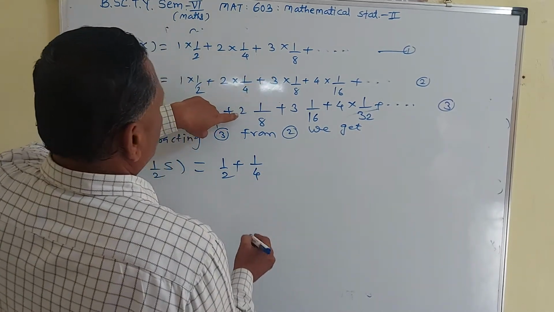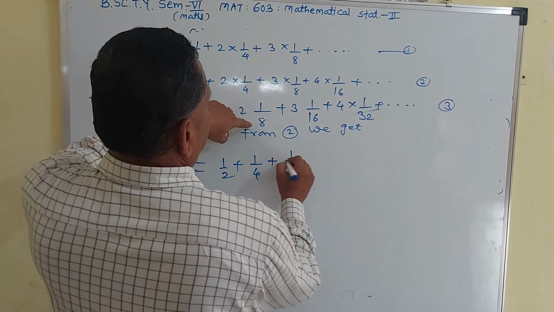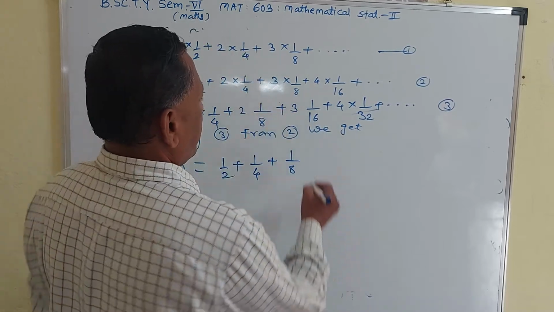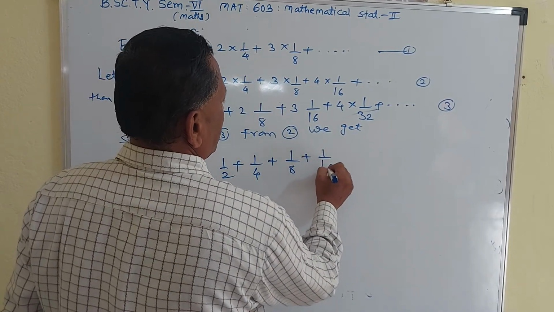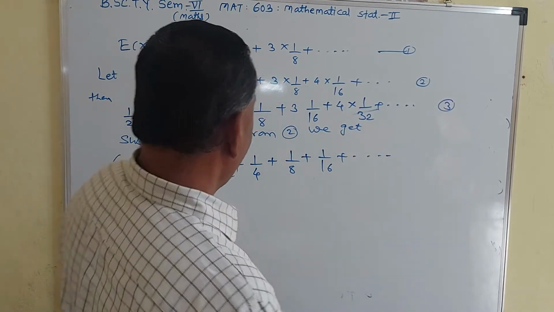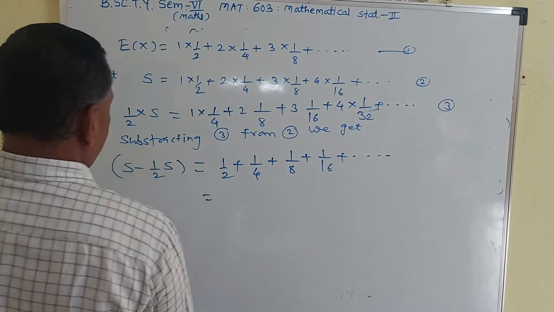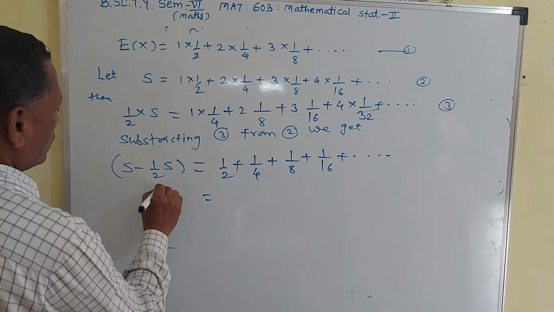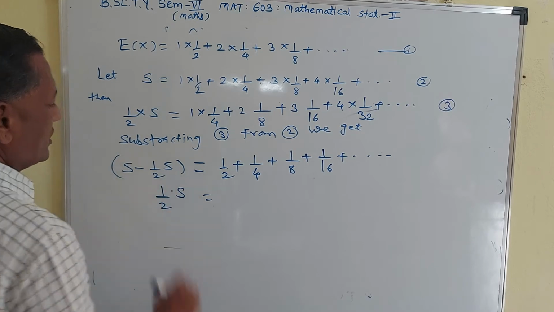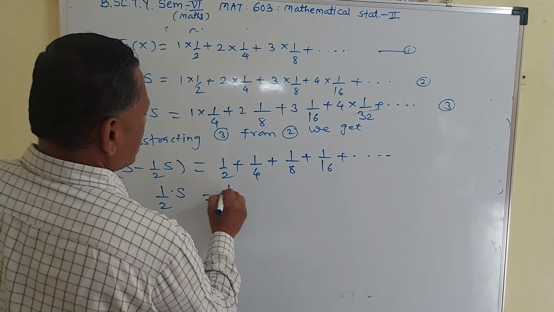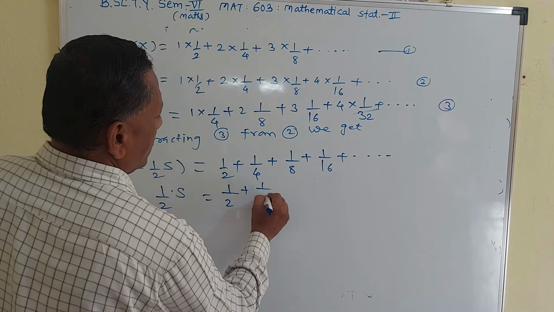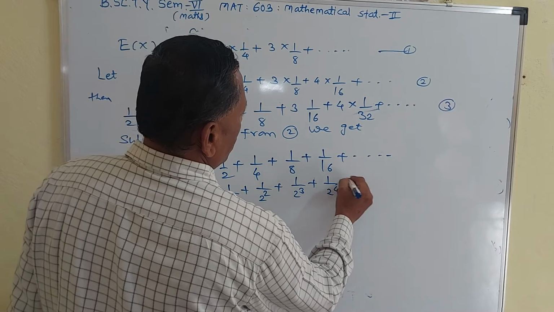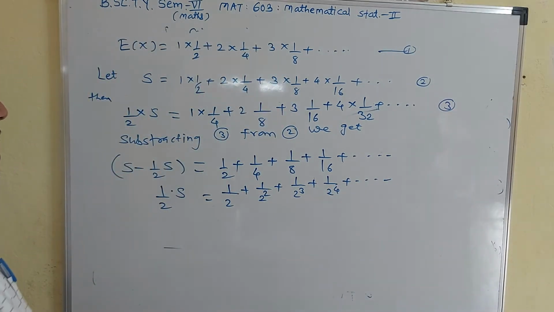Plus here 3 minus 2, again 1, 1 upon 8. Then 1 upon 4 common, 4 minus 3, again 1, plus 1 upon 16 and so on. The left side is 1 minus 1 by 2, which is 1 by 2. So 1 by 2 into S is equal to 1 by 2 plus 1 upon 2 square plus 1 upon 2 cube plus 1 upon 2 raised to 4 plus and so on.